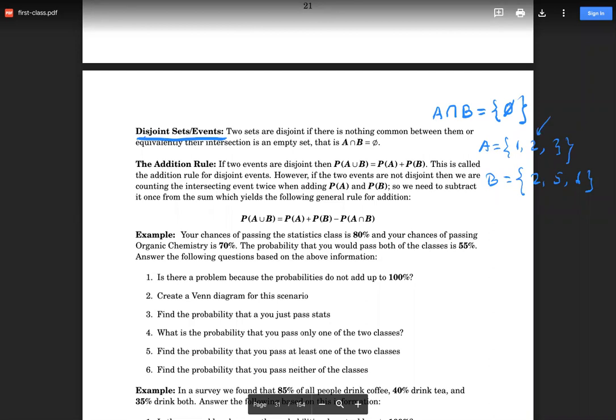Because if you roll a die and you get 2, then A has happened, and B has also happened because B has 2 too, right? So A and B both could happen. A intersection B in this case is just 2. So these two events are not disjoint.